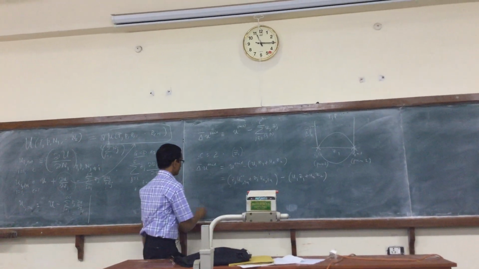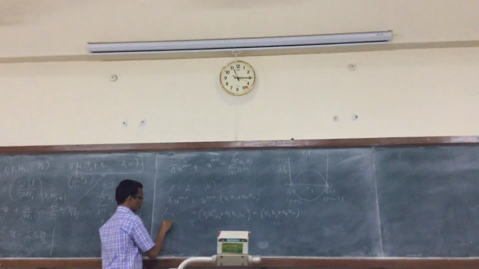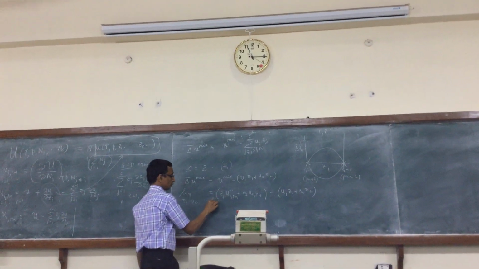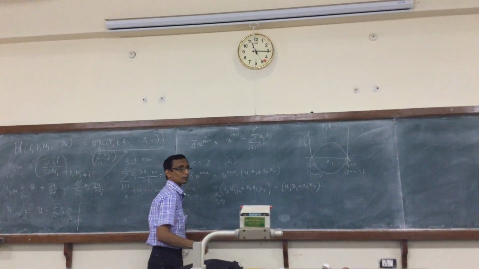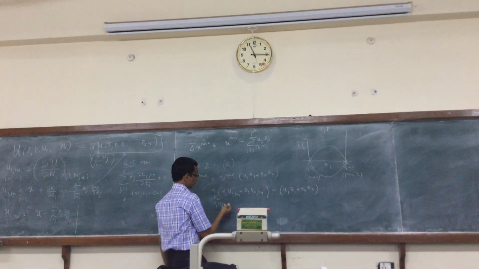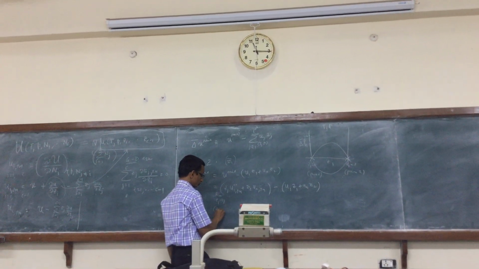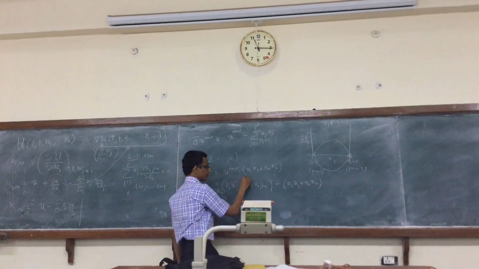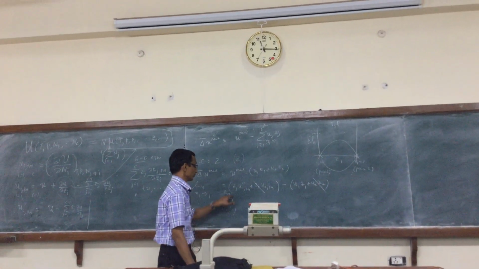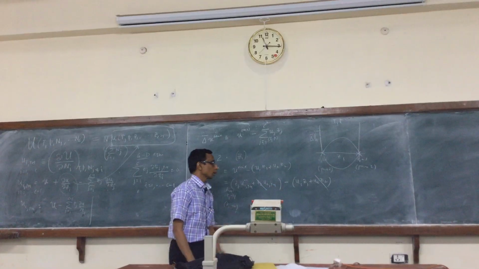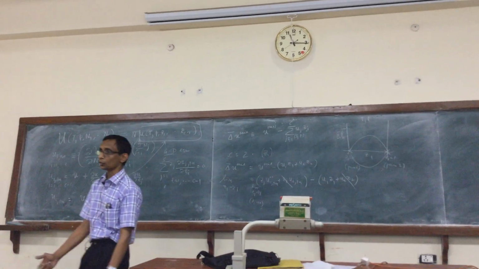Let's take the limit as Z1 goes to 1, let's say, pure component 1. So Z1 goes to 1 means automatically Z2 would have to go to 0. Right? So this term will vanish, and we are left with Z1 times (U1pm minus U1).